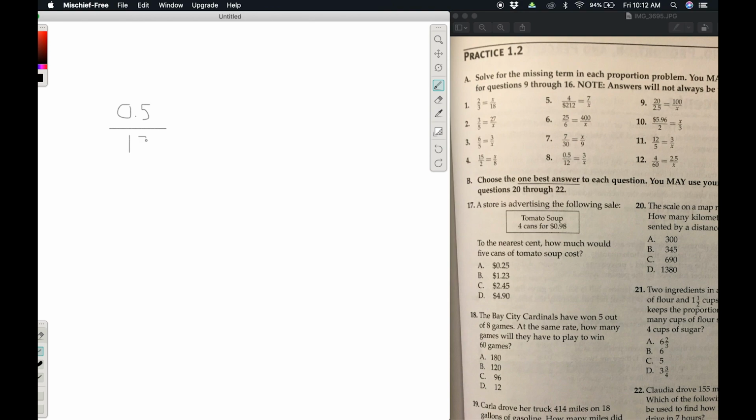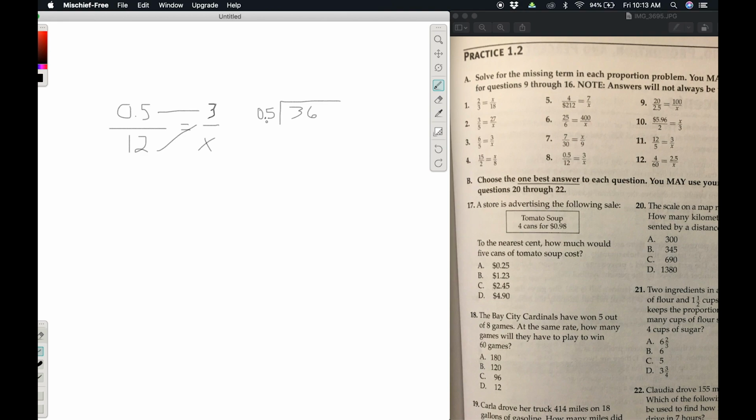0.5 over 12 is equal to 3 over x. So remember, multiply diagonally. 3 times 12 is 36. Then 36 divided by 0.5, which is a half.